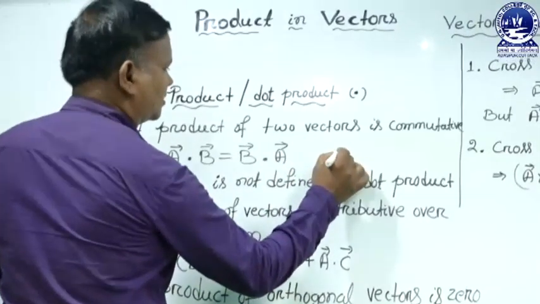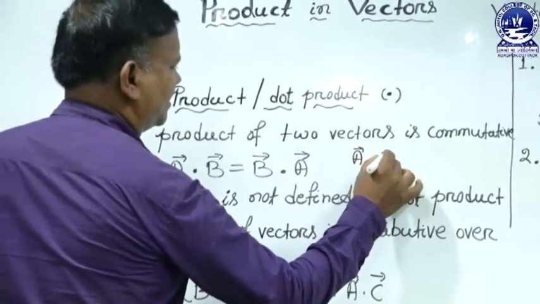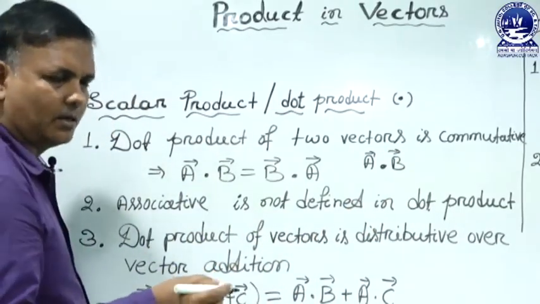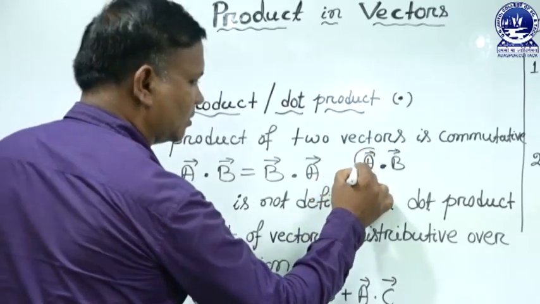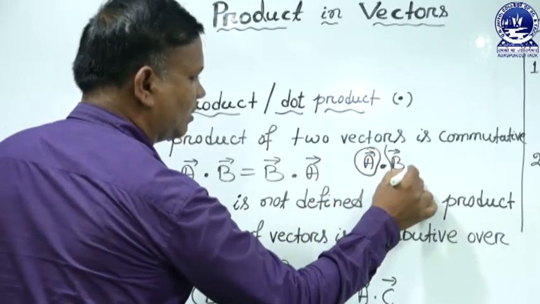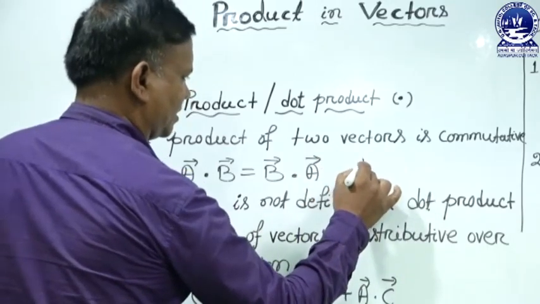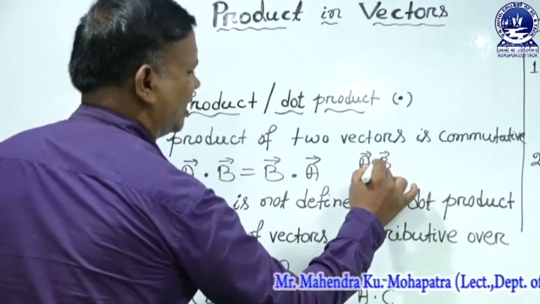The dot product always depends upon two vectors. That means the dot product is calculated when there are two vectors. In case of associative, A dot B dot C.